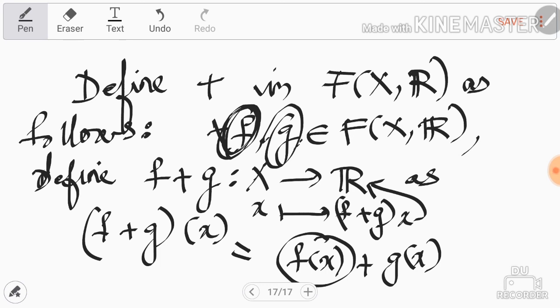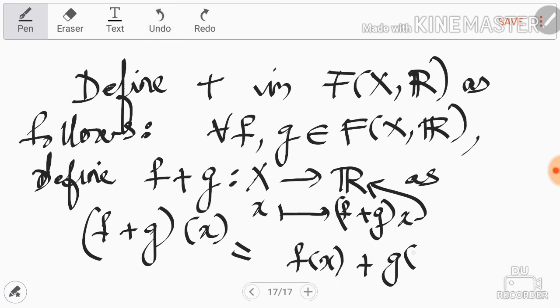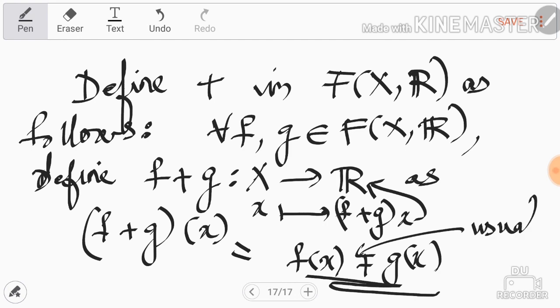That is, f(x) and g(x) are real numbers, and real numbers can be added. So this makes sense, and it's a little confusing, but still this addition is simply the usual addition, and this addition is the vector addition. Please remember that.